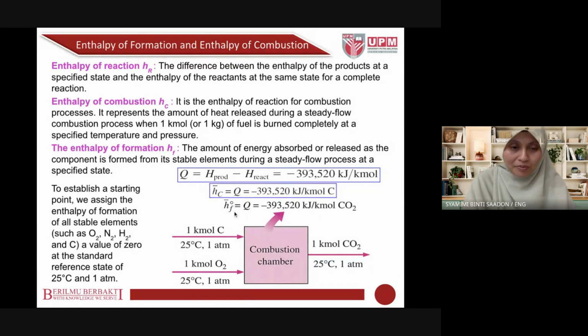And the zero here specifies that this enthalpy is at the reference state. The reference state is usually at room level, around 25 degrees, and at a pressure of 1 atmosphere, 1 bar. This is the usual standard reference state.